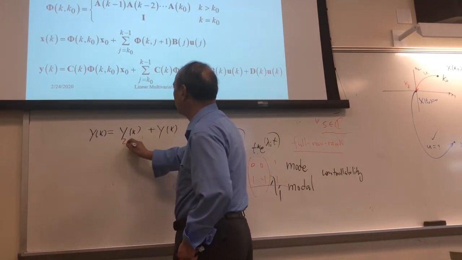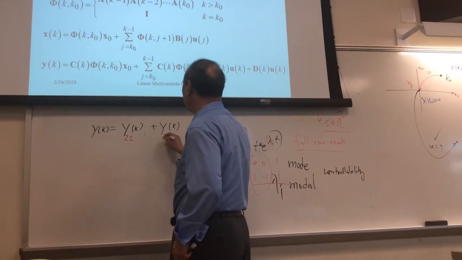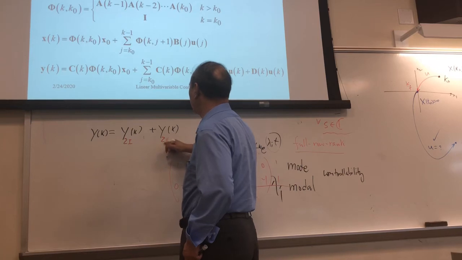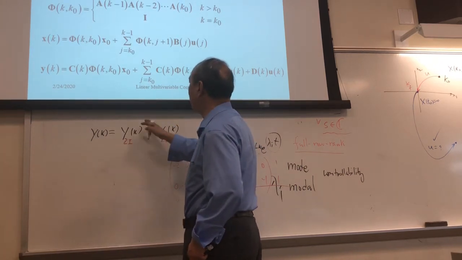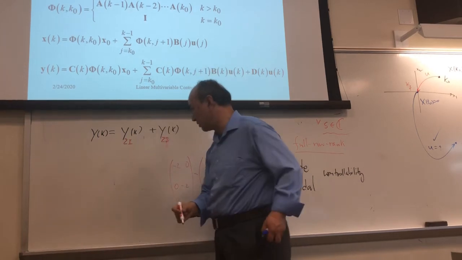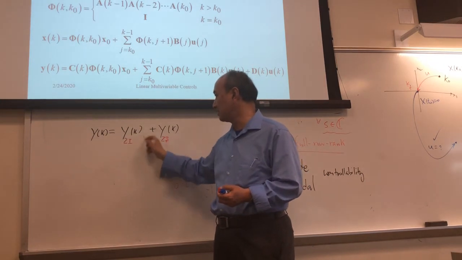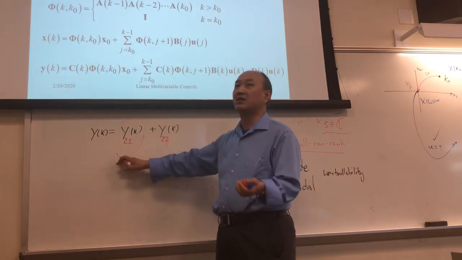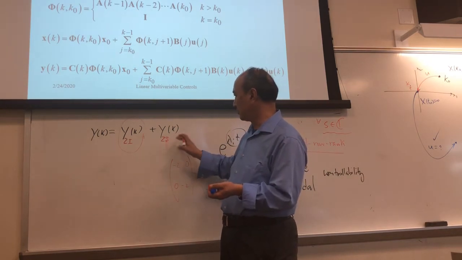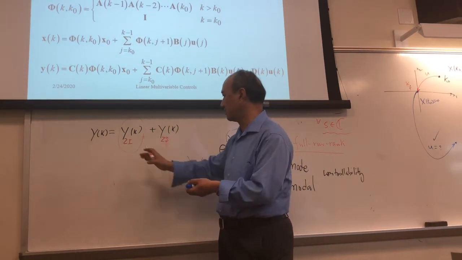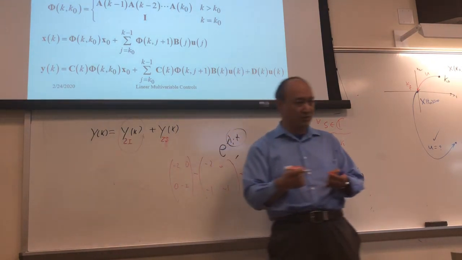Actually, sorry, this is called zero input. We don't have any input. I have this one. So this is called zero state. When x0 is 0, then this is the left. So we have two parts of the response. One is due to the initial condition. This is due to the control without the initial condition. So it's zero state, zero input.